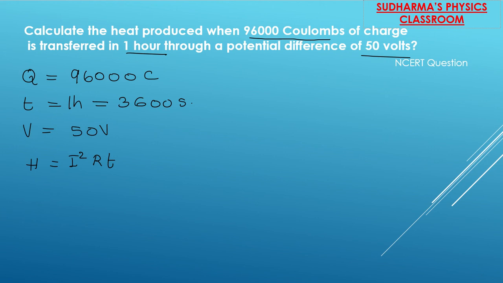And voltage is given. So instead of using this formula, I am going to use energy is equal to power multiplied by time, that is VIt. Right? So V is given. I am going with this formula because we have voltage given, and current we can calculate using this. We can do the calculation directly here. Okay?